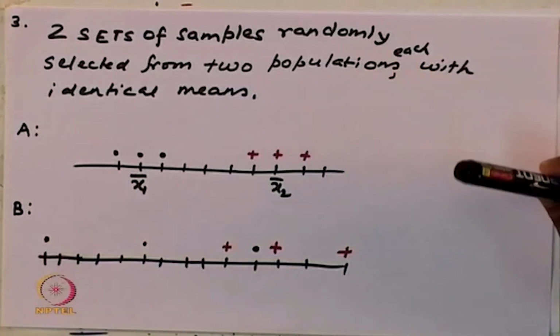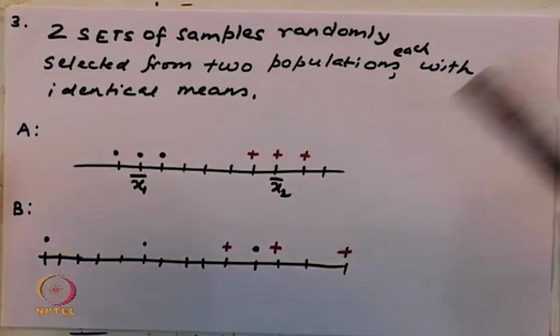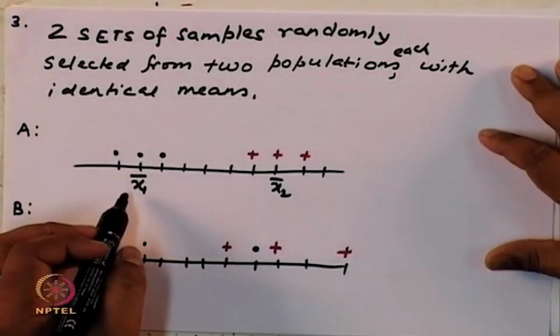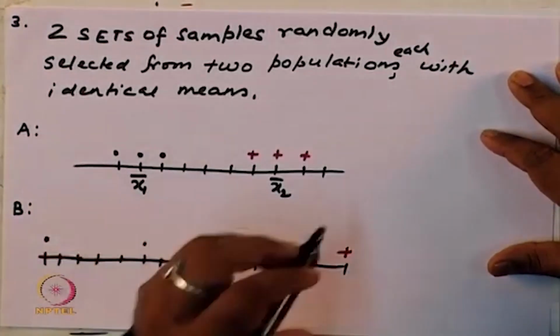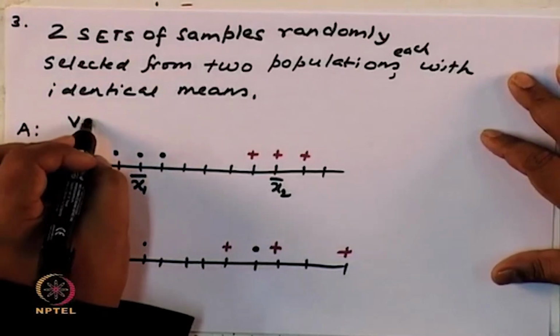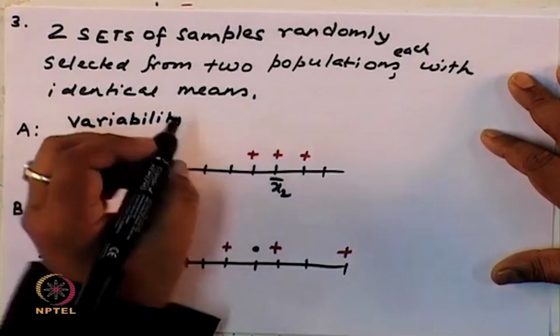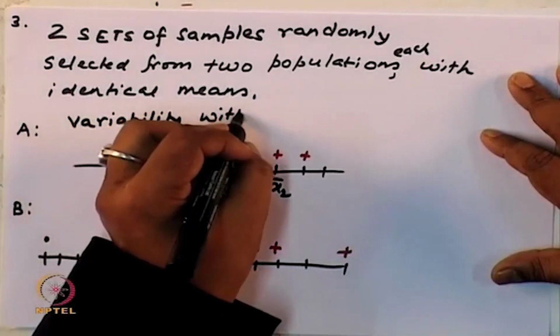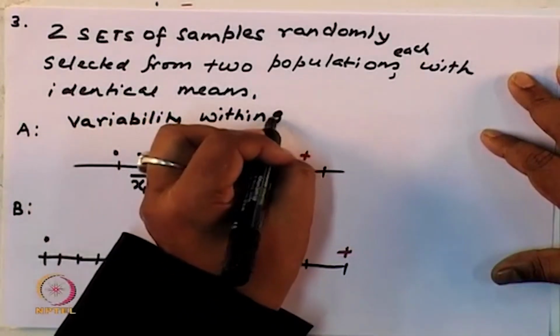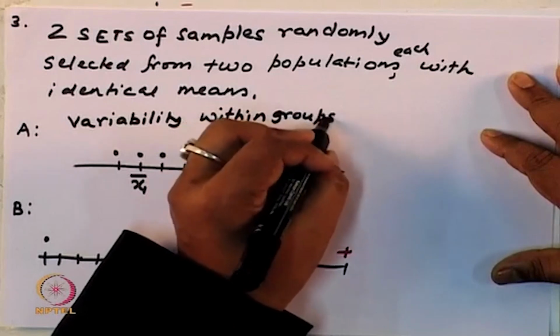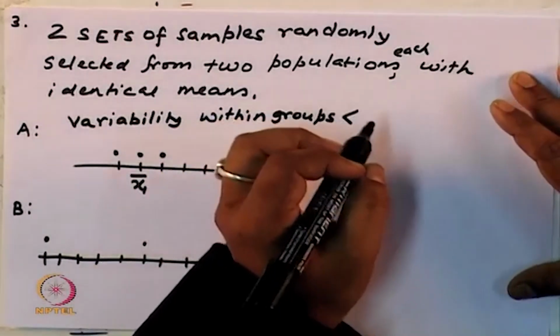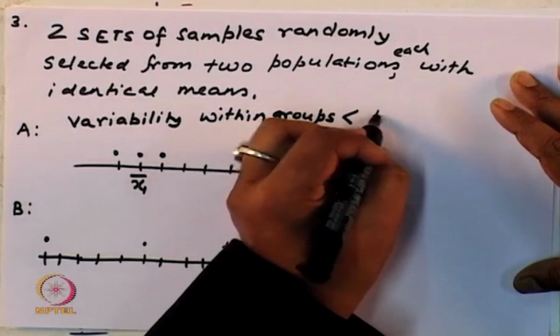So, these are your two situations. What you observe is that in situation A, the variability within the groups is much less than between groups.